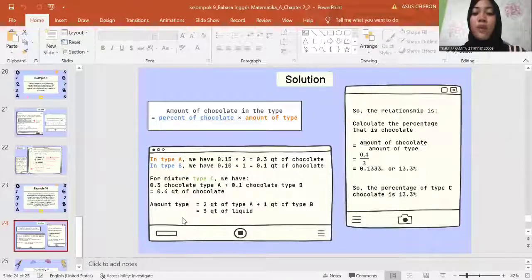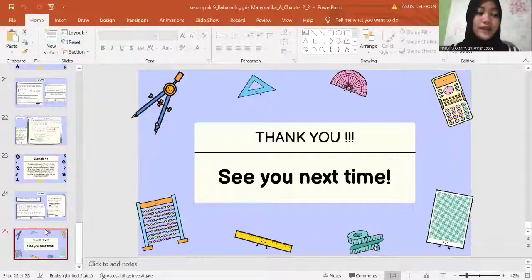So 0.4 divided by 3 equals 0.1333, or 13.3%. So the percentage of type C that is chocolate is 13.3%.